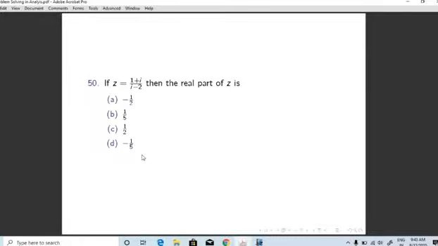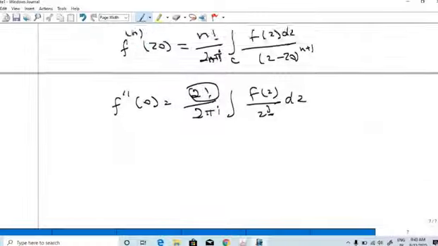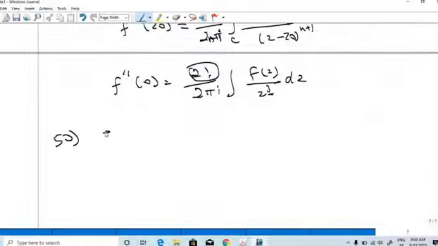Suppose z equal to 1 plus i by i minus 2. What is the real part of z? You can easily check by multiplying and dividing. Let f of z be 1 plus i by i minus 2. Multiply and divide by i plus 2 by i plus 2.